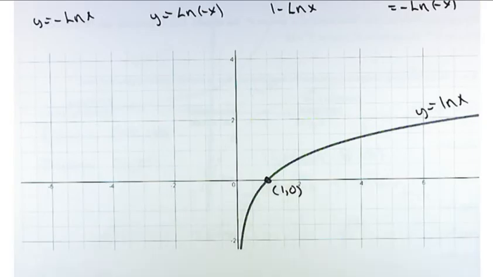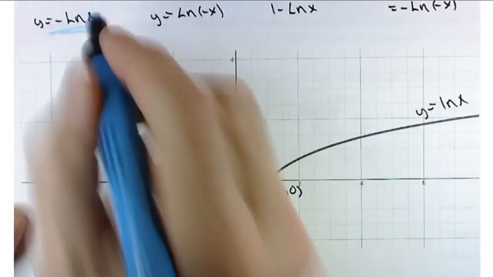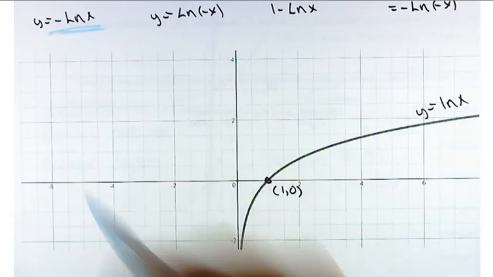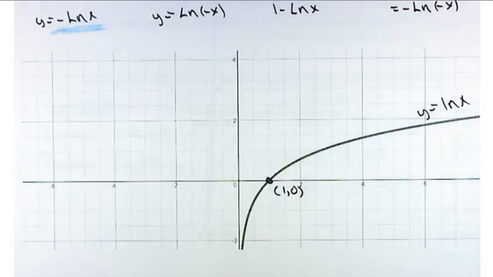And we'll start with y equals negative ln of x. What's that negative going to do to the graph? Yeah, it's going to flip it. So it's going to be flipped upside down.